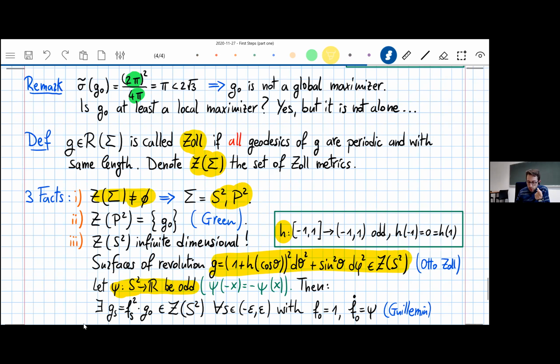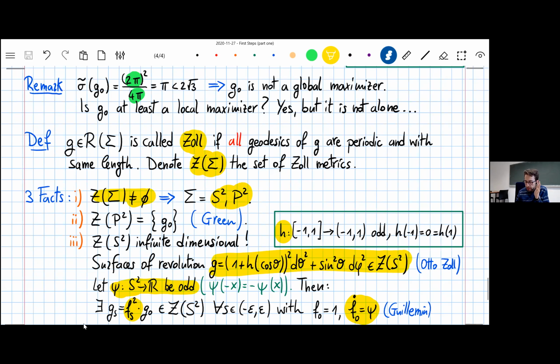Now if I consider a deformation which is conformal, I can ask when this deformation is Zoll. And Guillemin showed that I can find one which is Zoll when the deformation has tangent vector exactly this psi. The converse is also true: if you have a deformation of this type, then f dot 0 must be odd.